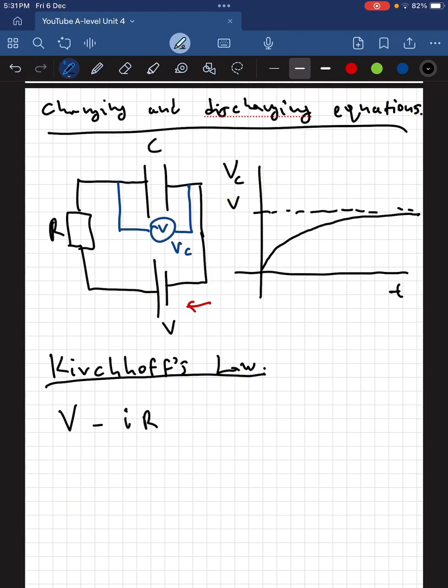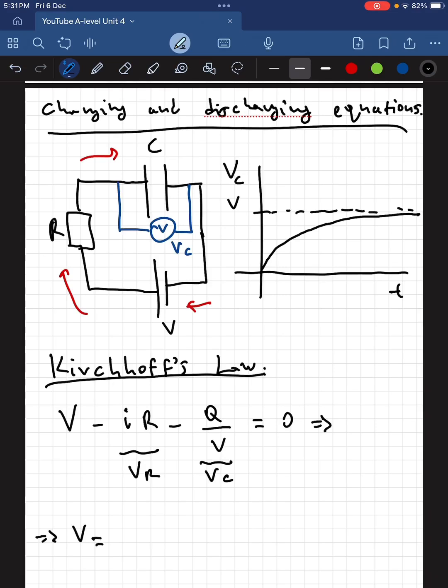minus Q over C, so this is VR, this is VC, and this whole thing should be 0 because we walk around the circuit. Okay, so V minus IR minus VC should be equal to 0. Now recall that current is dq over dt.